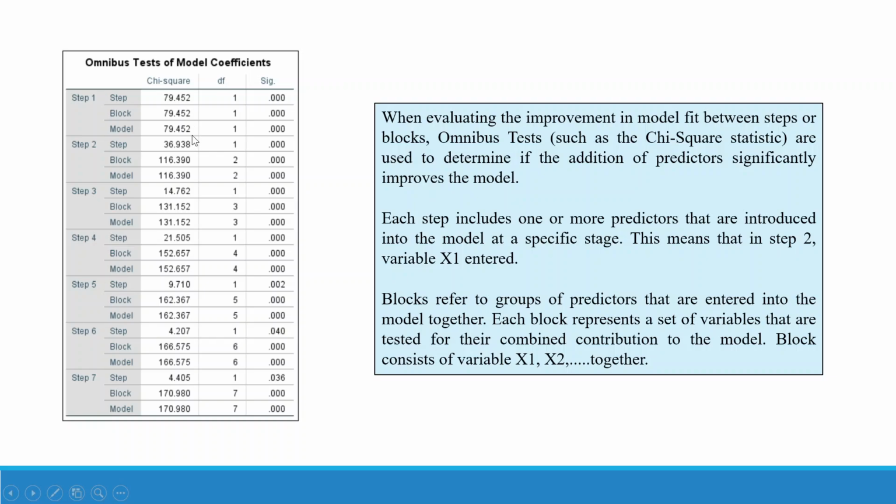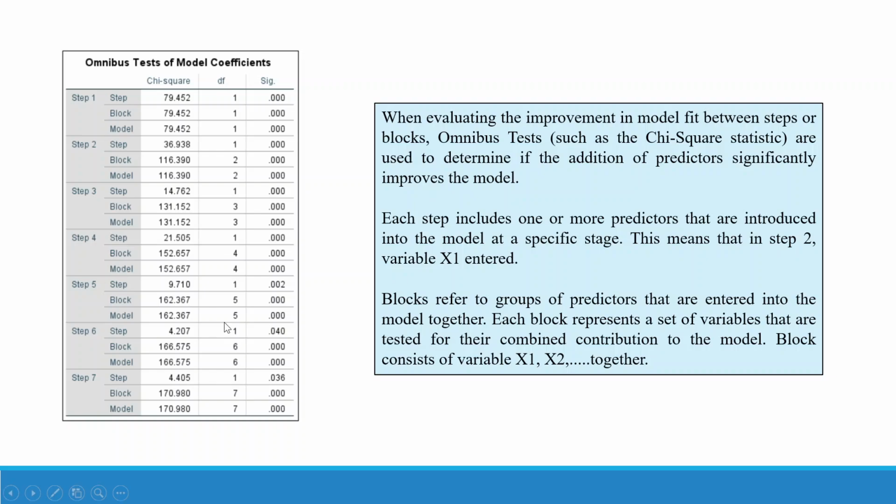Now you take the addition of these two, you will get 116.390. Again, take the addition of step 3, 14.762, so it is 131.152. Now, gradually what will happen? The chi-square value will decrease. So adding more predictor variables will no longer improve your model.